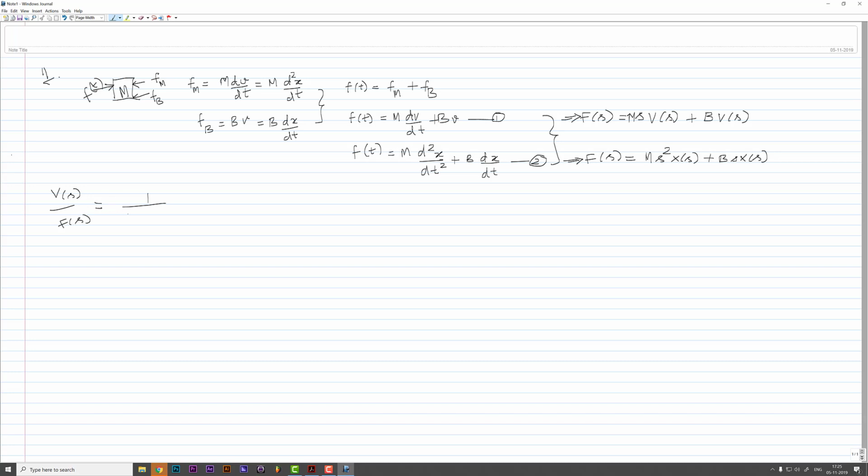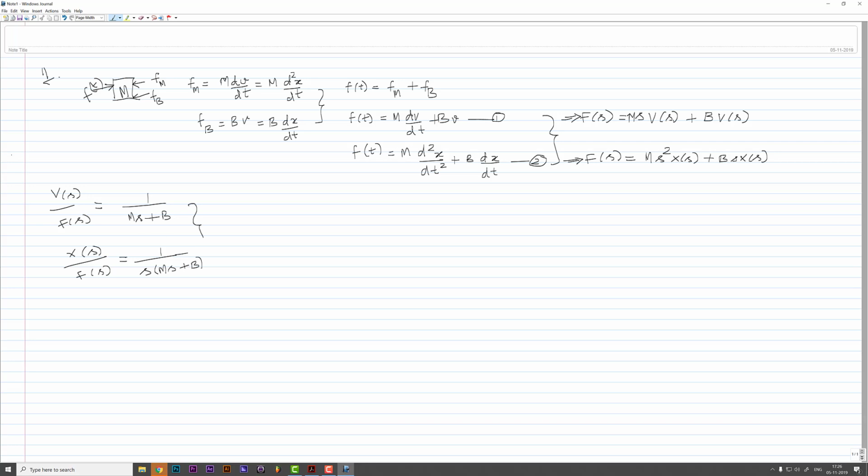So v of s by f of s is equal to 1 by m s plus b, and the other equation, where the variable is x, the displacement, x of s by f of s is equal to 1 by s into m s plus b.